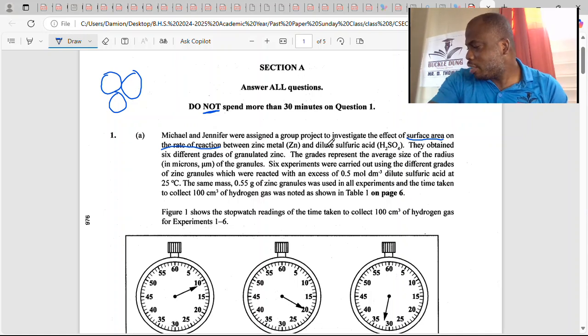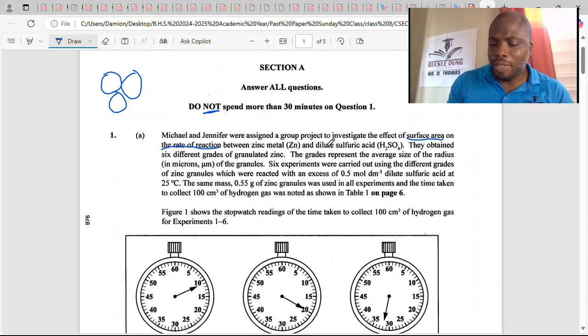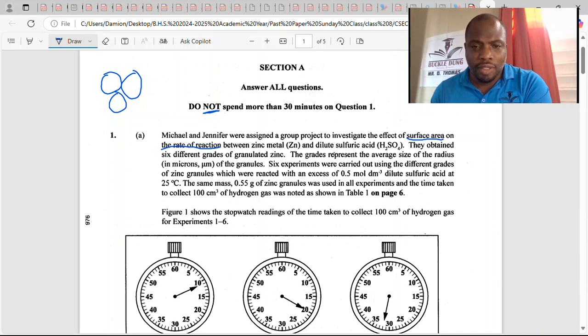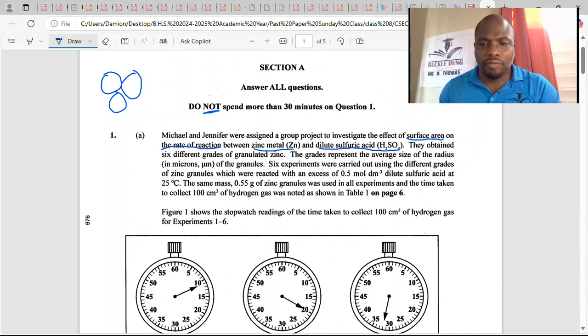So when I have zinc metal reacting with dilute sulfuric acid, everybody quiet.